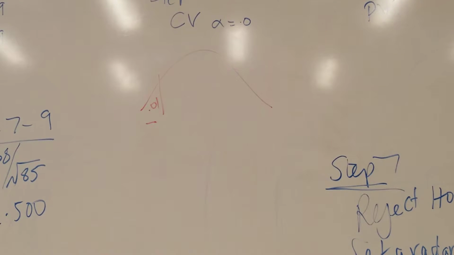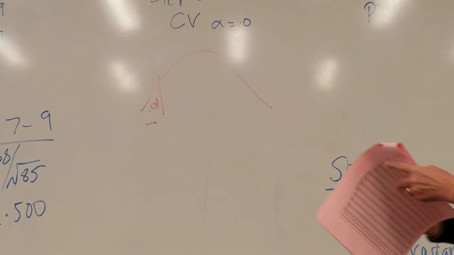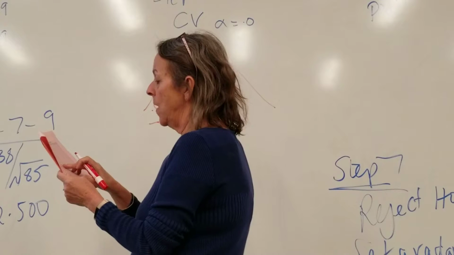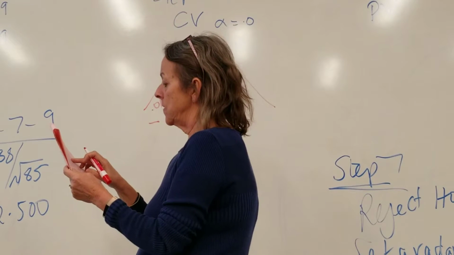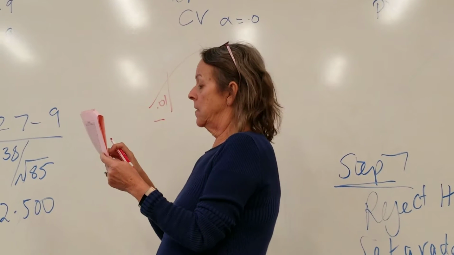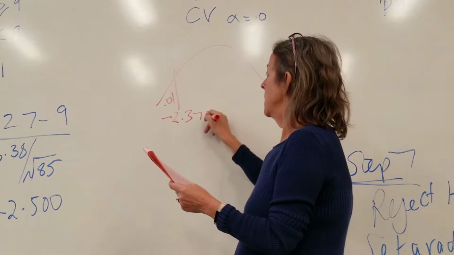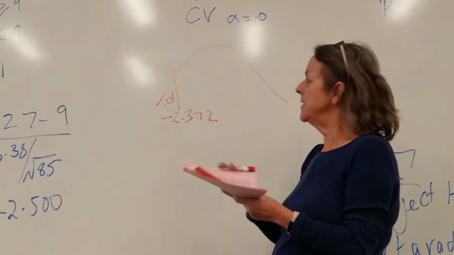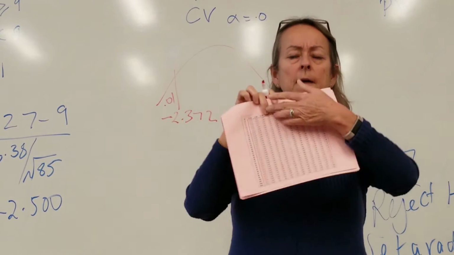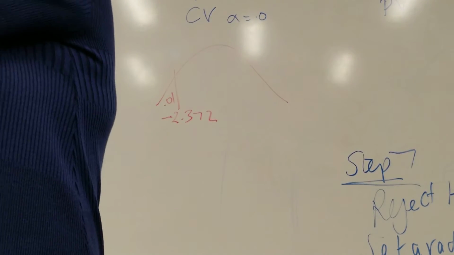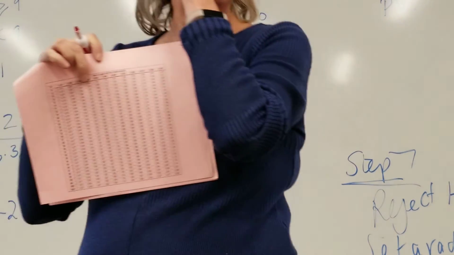Okay, so we go to degrees of freedom of what? 84. We go to 0.01, and what is the t-score? You should get 2.372, but know that you're looking up area to the right, and so you've got to put a negative in front of it if it's to the left.